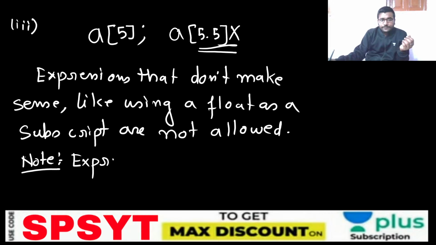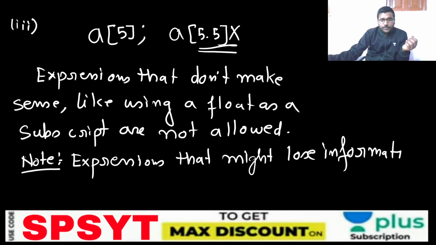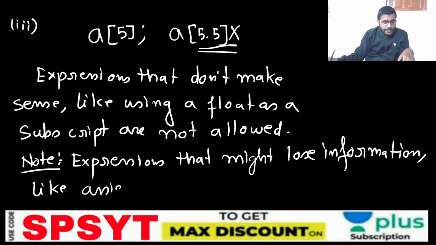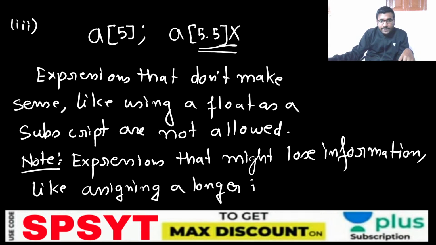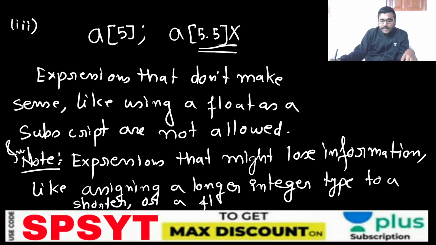So expressions that might lose information, like assigning a longer integer type to a shorter one, which we have seen in the previous lecture. Or a floating type. These are the general things we see.